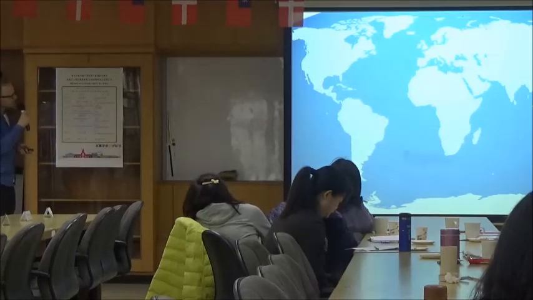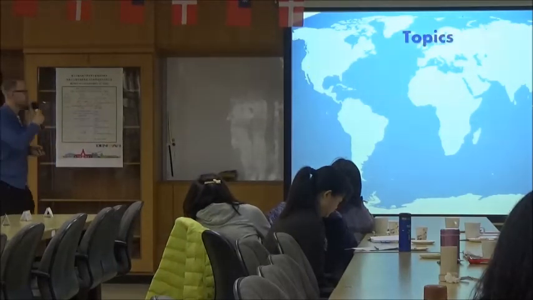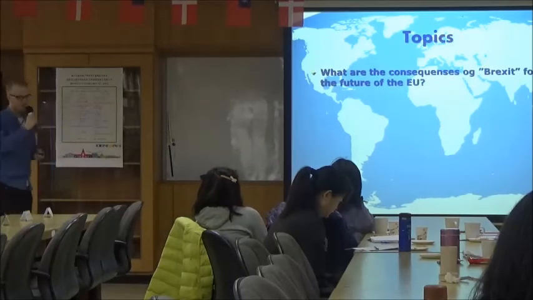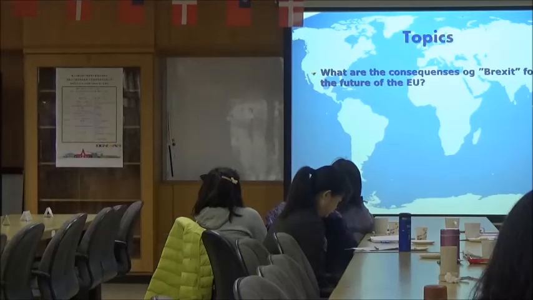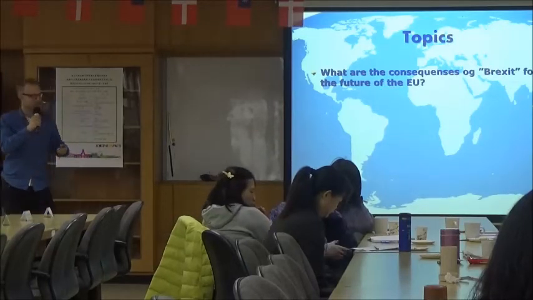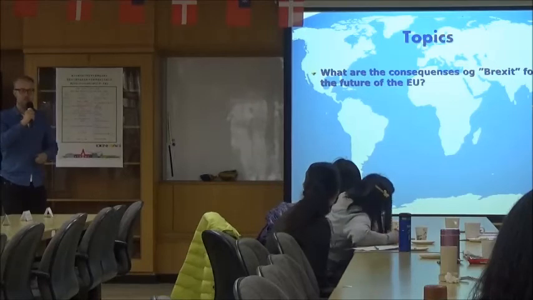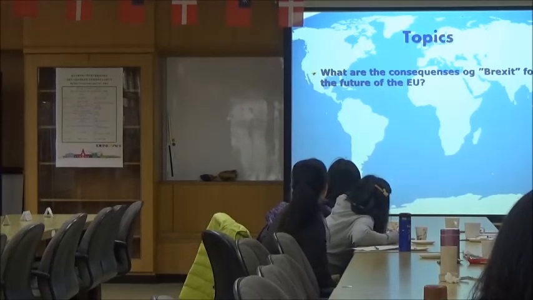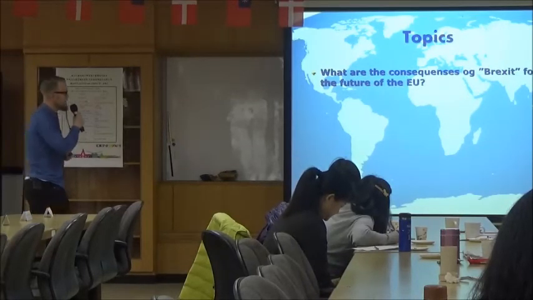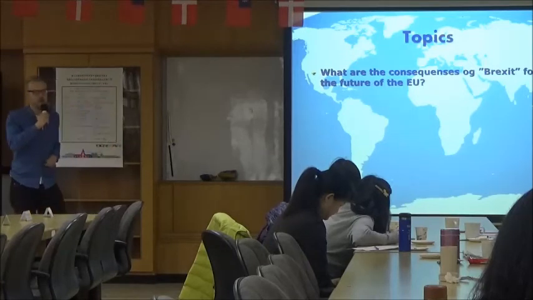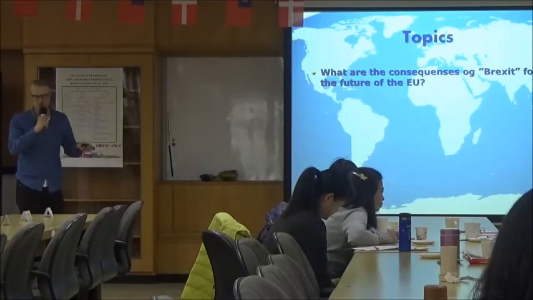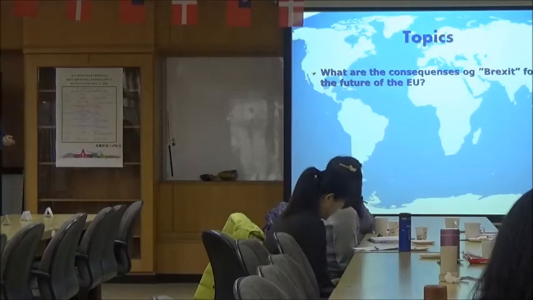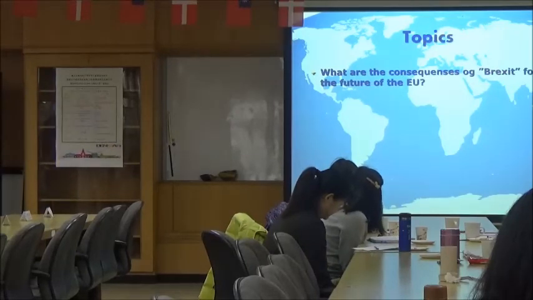And I'm going to give you some examples. For example, well, I don't know if you know what Brexit means, but it means that Great Britain has just left the European Union. There's a lot of discussion about that in Denmark. So we are trying to figure out what the consequences are for the European Union after Great Britain has left the Union. That's one of the topics that we're going to study.